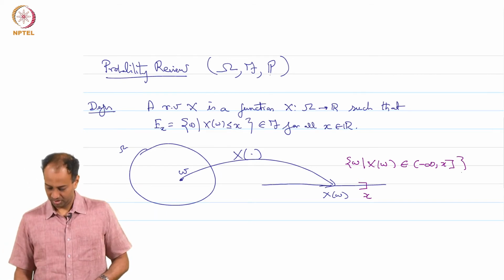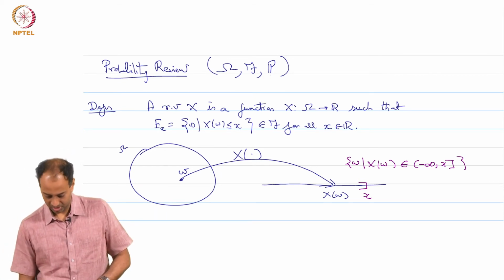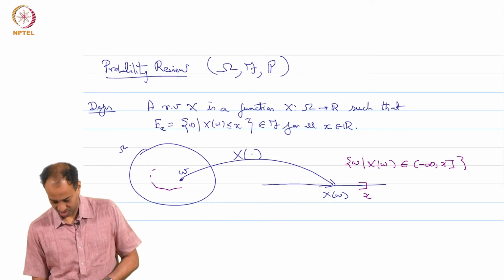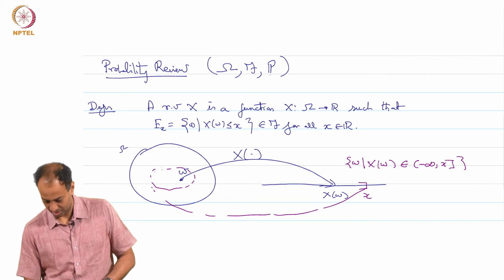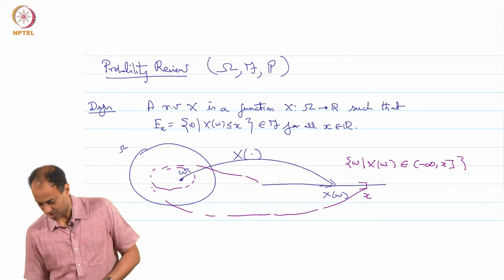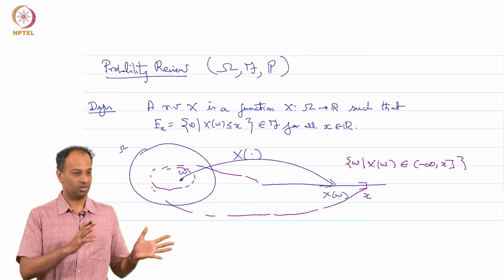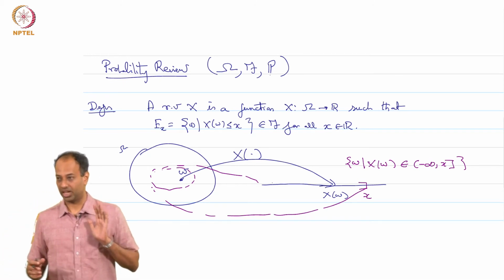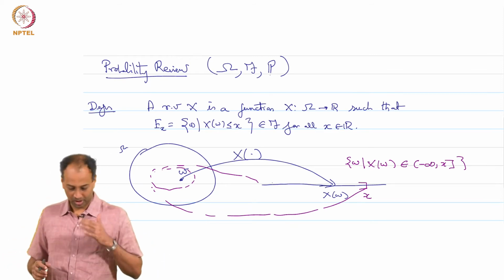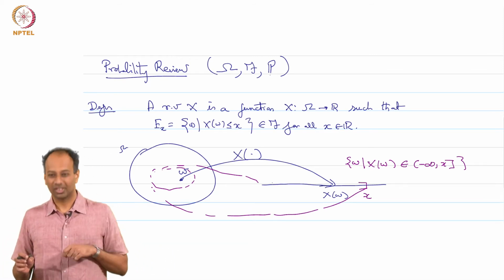right. So, in some sense you can look at this as the pre-image of the semi infinite interval minus infinity to x under this mapping. You look at those little omegas which map to less than or equal to x.